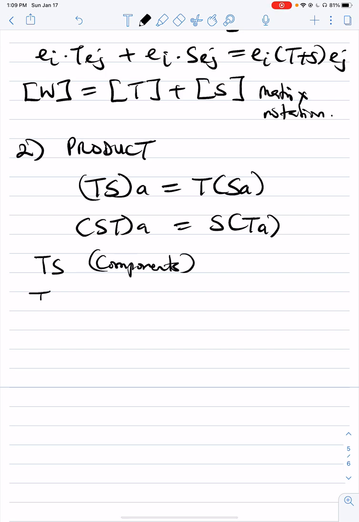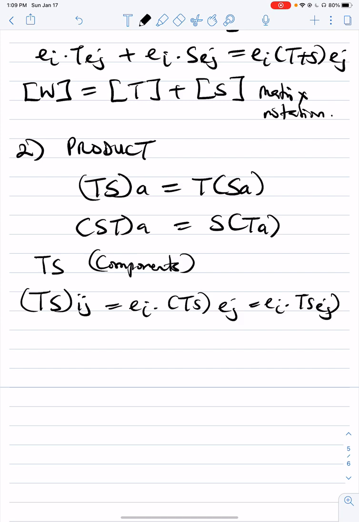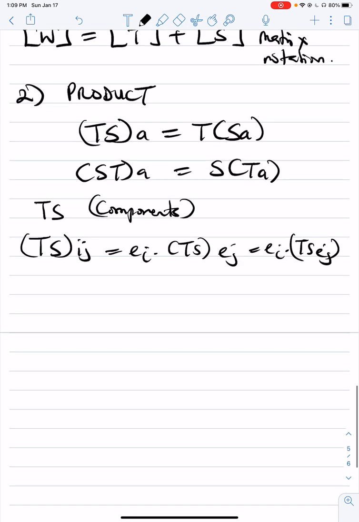T of S, e_i dot T of S e_j, equals e_i dot T of S e_j. I hope this is making sense.